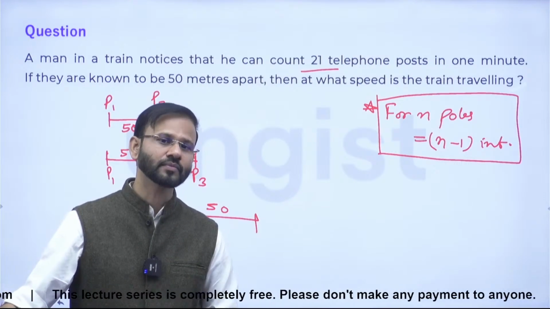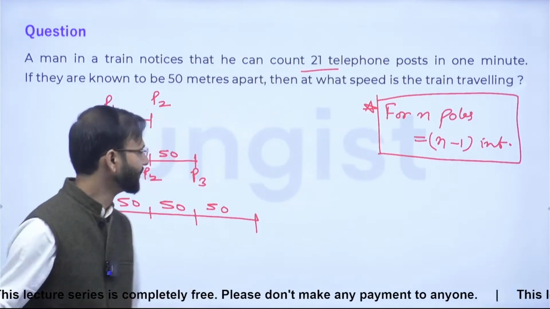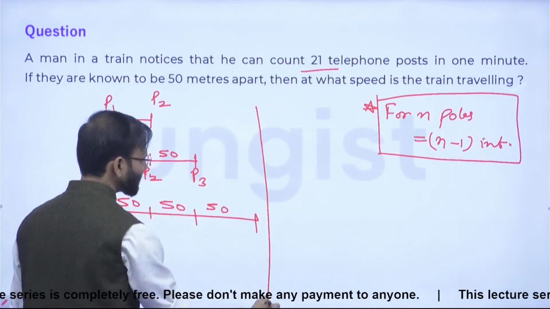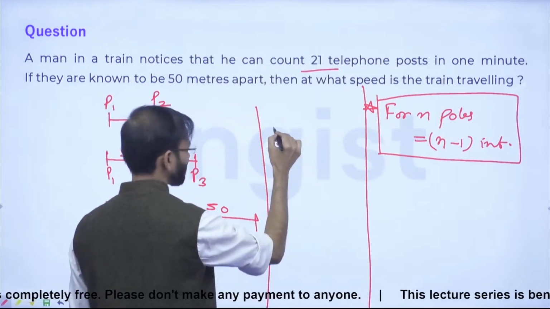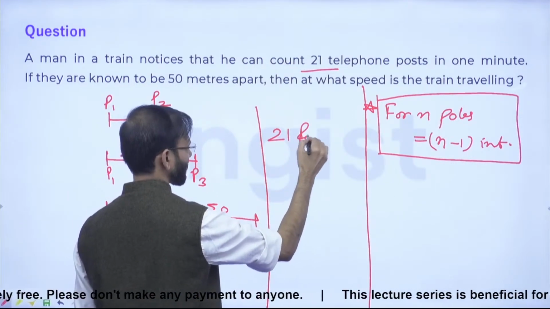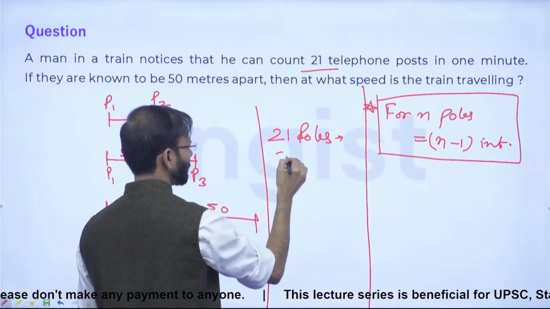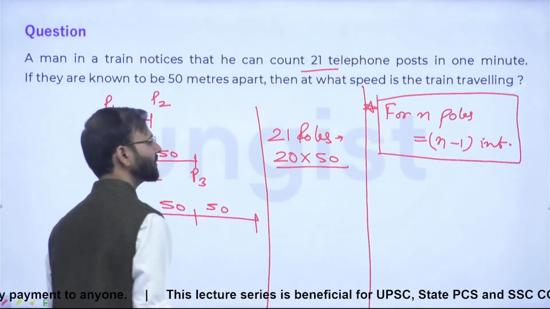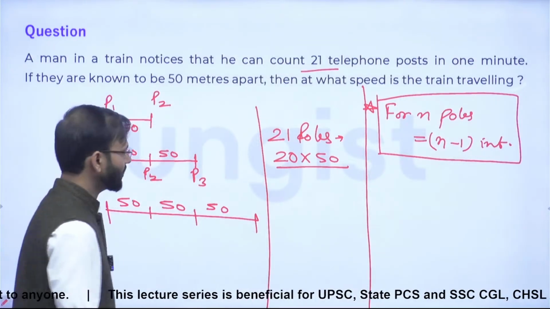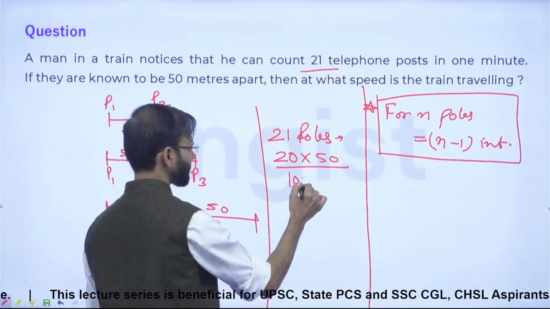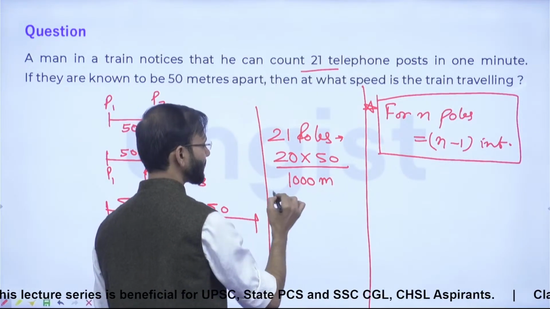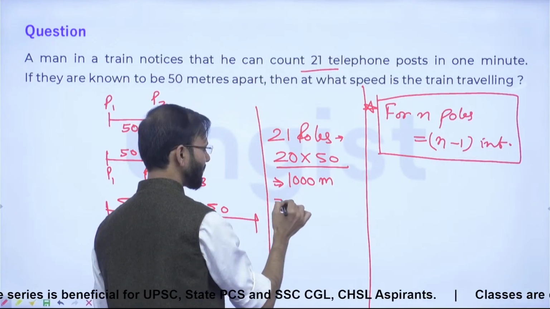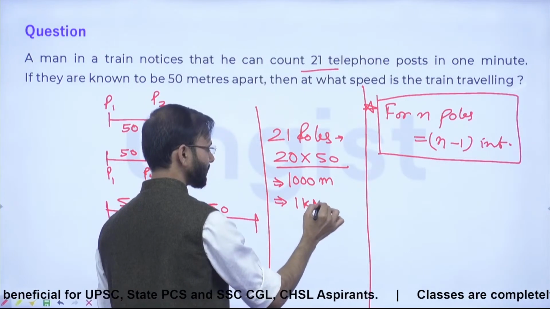Now, everyone, for 21 electric poles, how many intervals will be there? N minus 1, 20, right? So for 21 poles, 20 intervals will be there, and each interval size is what? 50 meters. So distance will be what? 1000 meters, which means 1 kilometer.